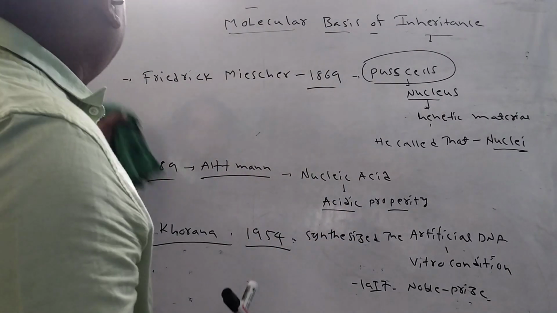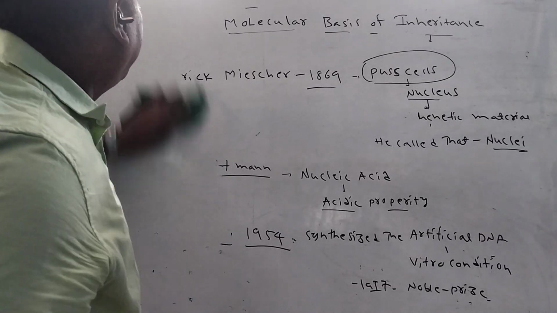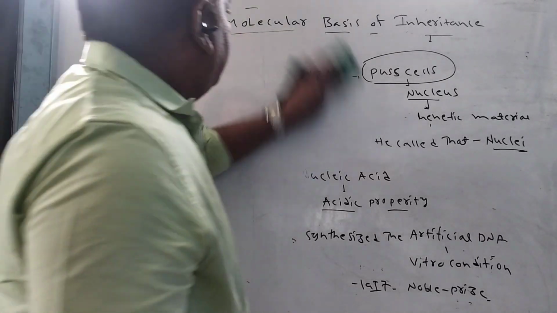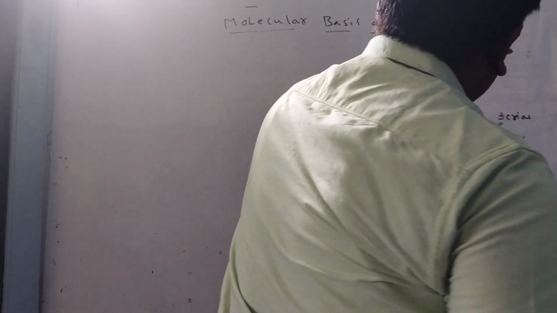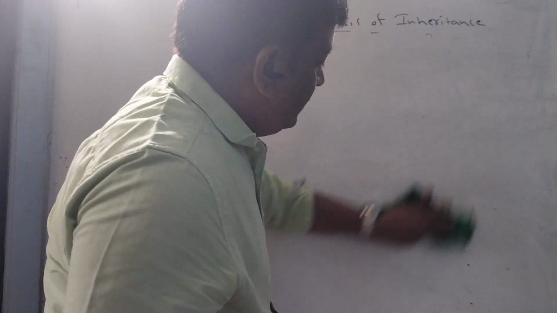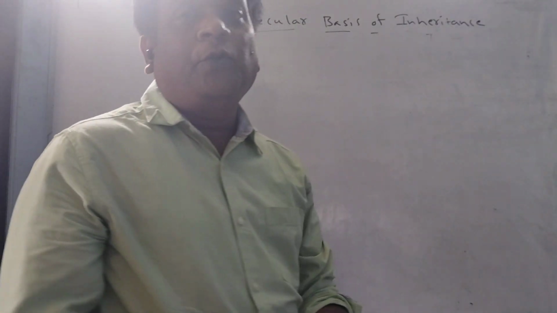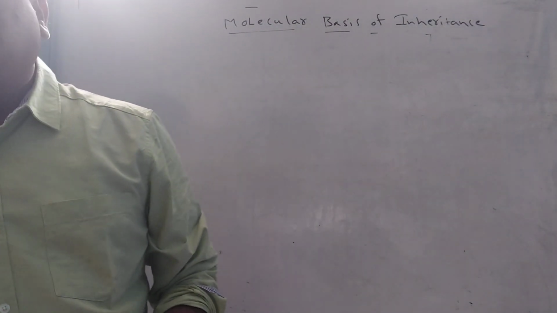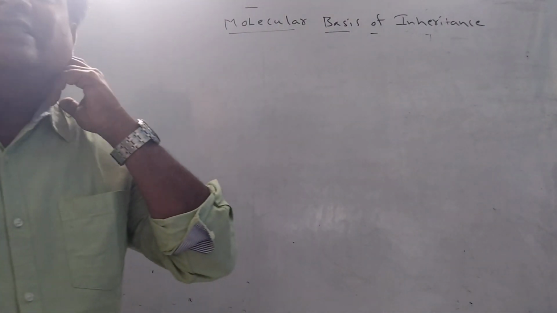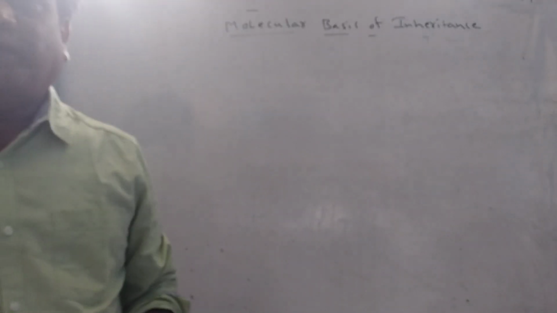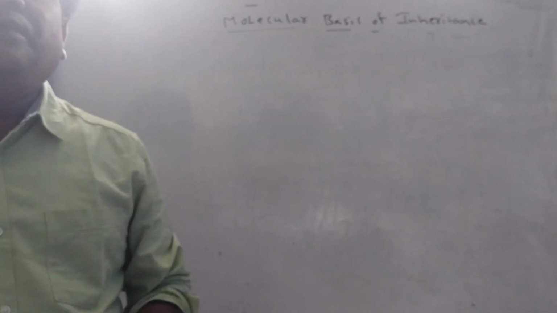Now we can see the prokaryotic cell genetic material. You already know what a prokaryotic cell is: an undeveloped nucleus, meaning the nuclear membrane is absent. That type of cell we call a prokaryotic cell. Since the nuclear membrane is absent, the genetic material is present naked in the cytoplasm.